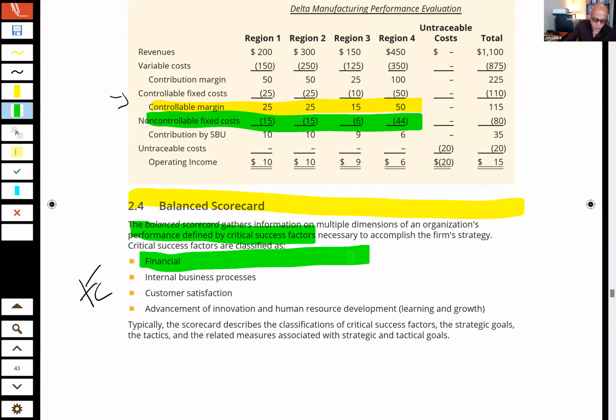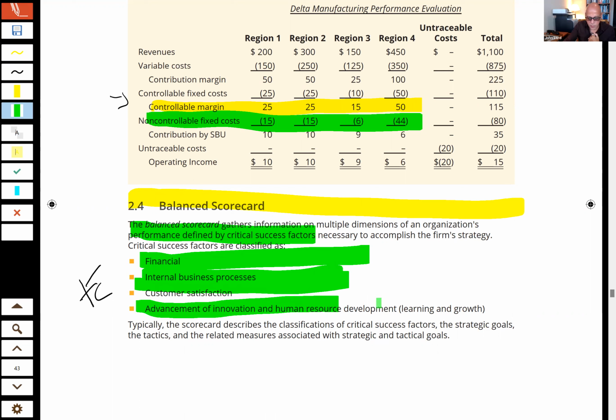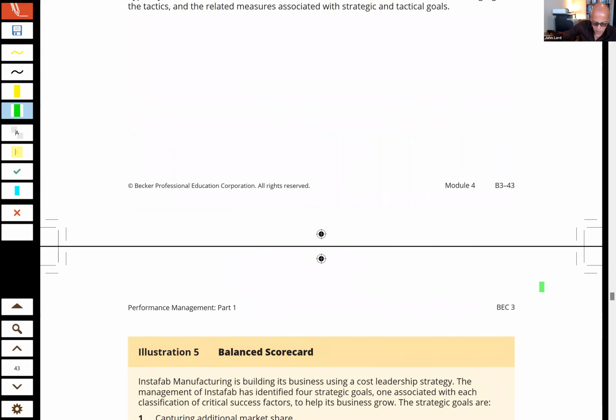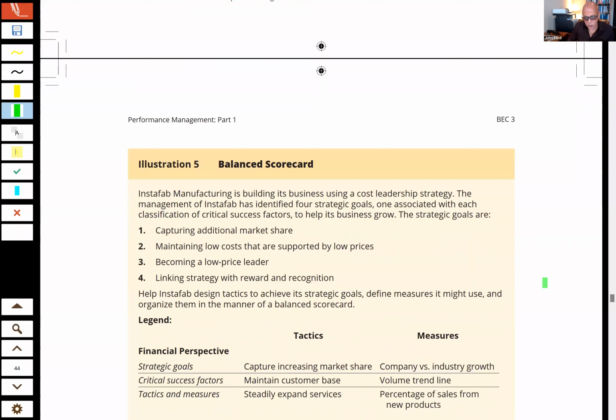So yes, financial, but maybe we're also coming up with internal business processes that are going to be considered innovative, customer satisfaction, advancements, innovation, human resources development, learning and growth. All of these could be objectives of an entity. So when we look, we would come up and say, well, what is our strategy here? We have 4 strategic goals.